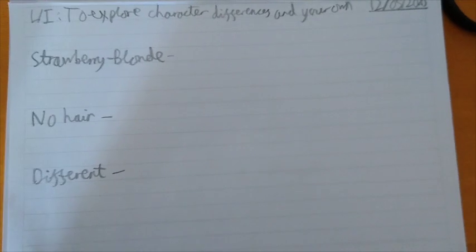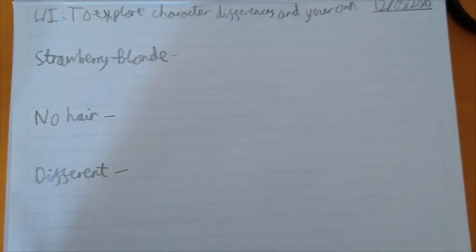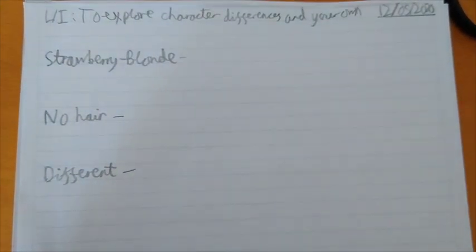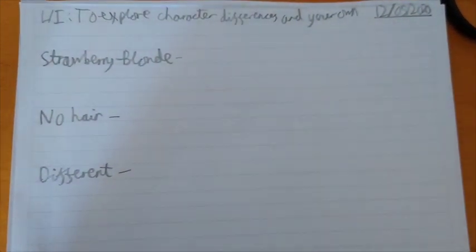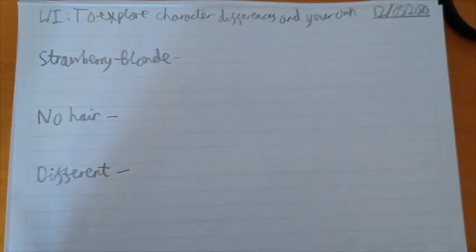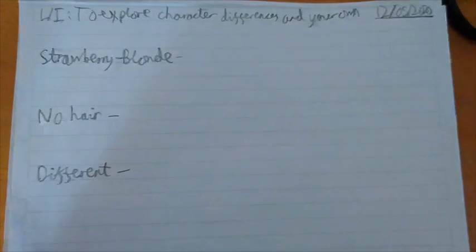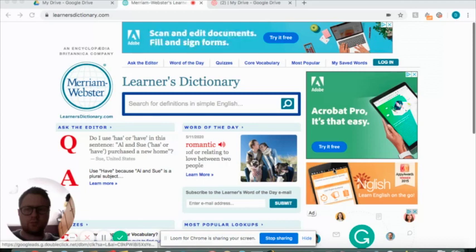So the 3 new words are strawberry blonde, words for no hair, and then we are going to be looking up the definition of different. So our first new word we're going to be looking up is strawberry blonde.